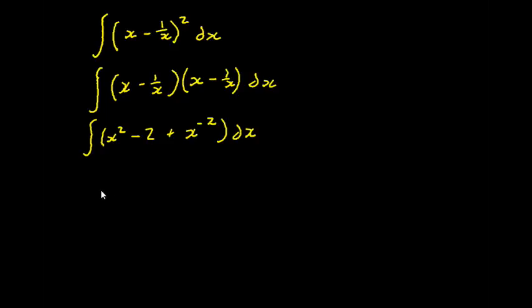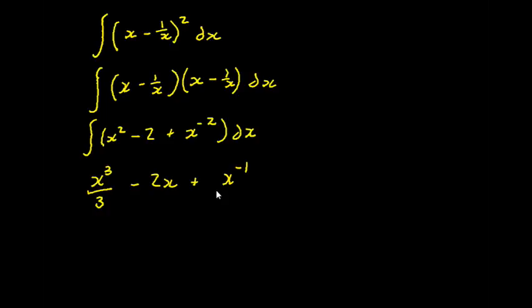And now it becomes a little bit easier to find that antiderivative. I'm not going to write it out, but we'd find it individually. So the antiderivative of x squared would be add 1, divide by 3, take 2x. Now a minus 2, if I add 1, I get minus 1.